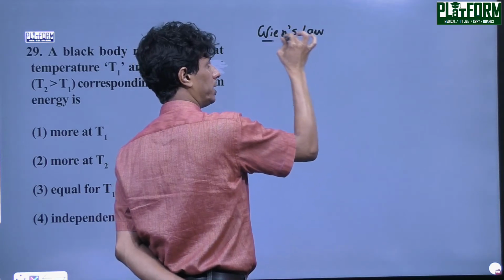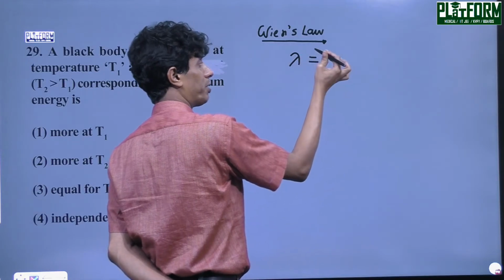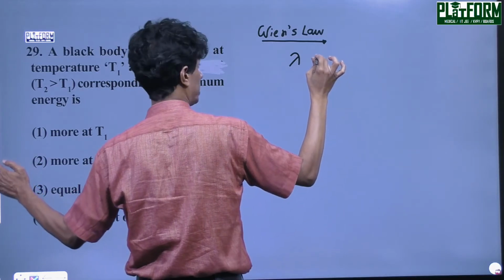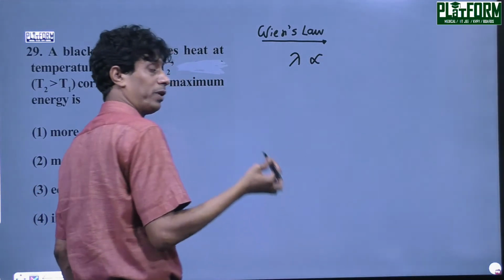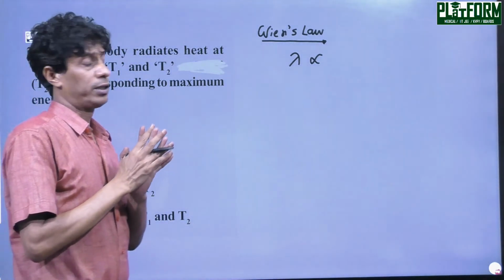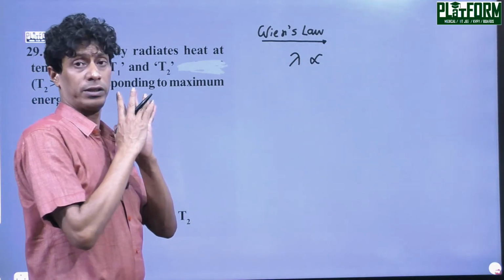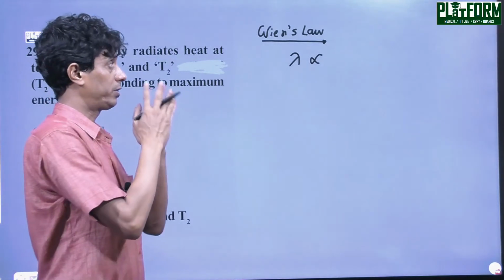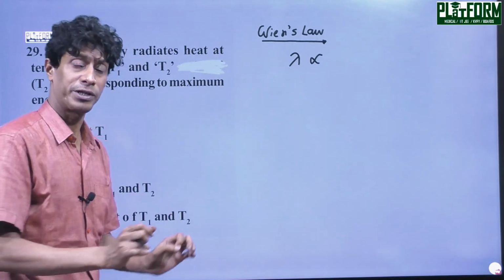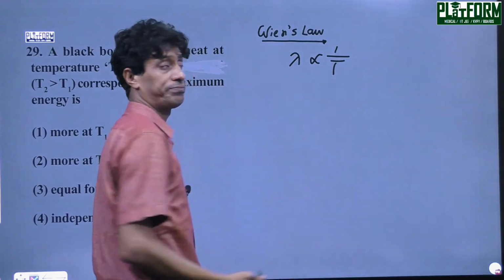The wavelength of maximum energy radiated, the wavelength of the radiation of maximum intensity, lambda, is inversely proportional to the absolute temperature.